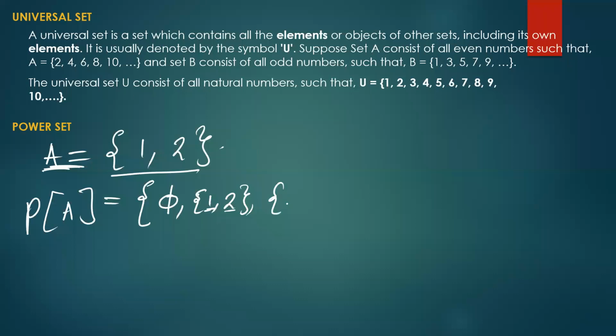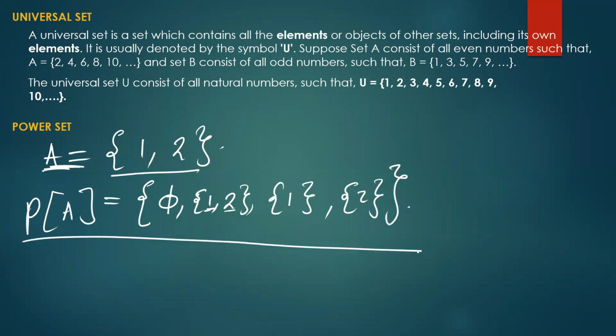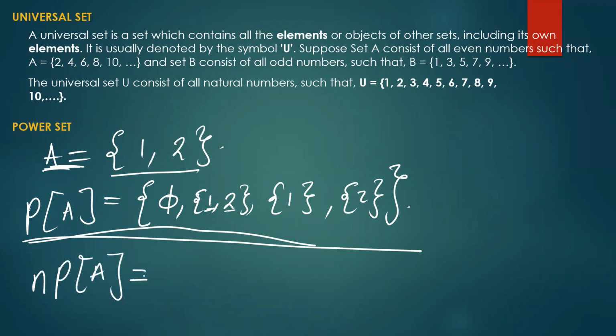So we're going to have 1, that's the set on its own. Then we also have 2, it's also a set on its own. So this is the power set of A. If you find a question that is asking you to find the number of elements in the power set of A, this is simply given by 2 to the power n.